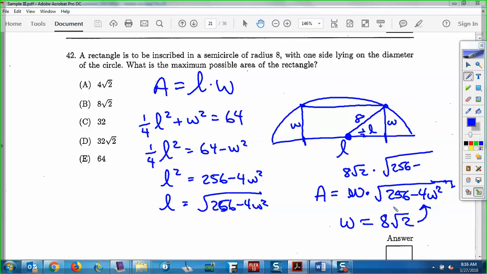What do you get when you put 8 square root 2 in there? Is that negative inside the square root? Or am I just doing that wrong?